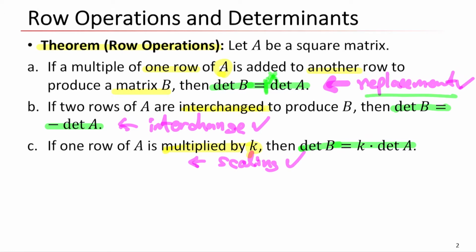If the interchange operation is applied, the only difference is negative 1 times the determinant of A. If the scaling operation is applied, the only difference is K times the determinant of A, right?